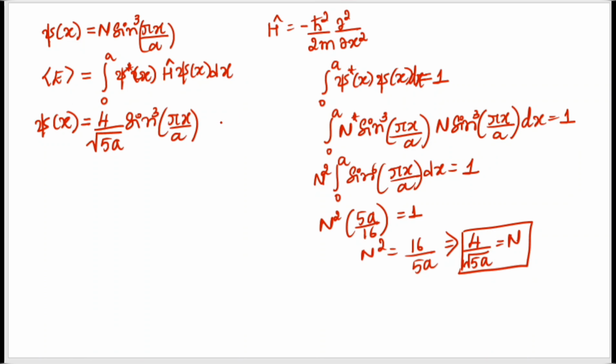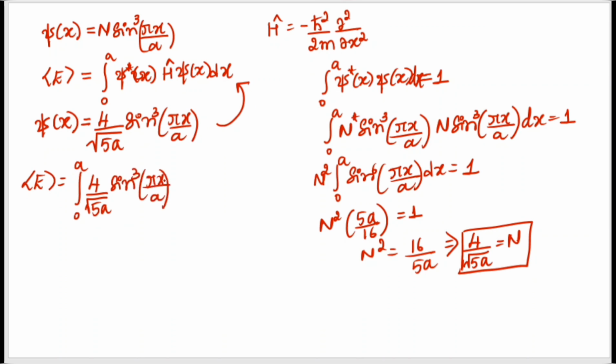Now applying this in this formula, we get the expectation value to be equal to the integration from 0 to a of psi star, it is a real number, so it is not an imaginary number to do the complex conjugate, 4 divided by square root of pi a sine cube pi x divided by a into H cap, that is minus h cut square divided by 2m, del square divided by del x square, into psi of x.